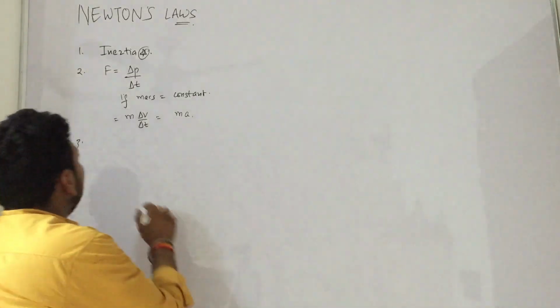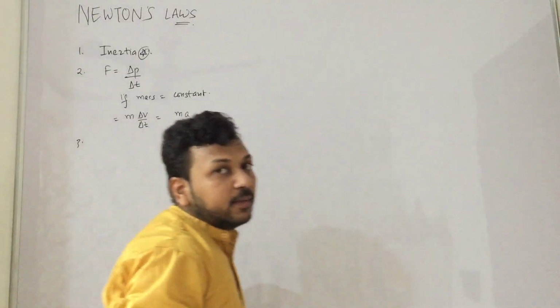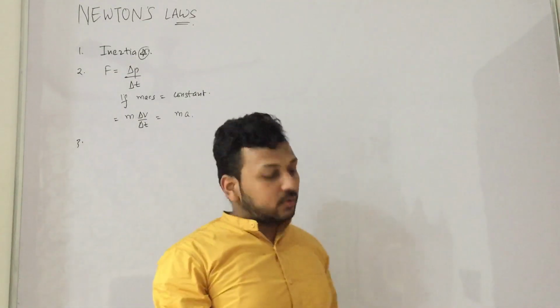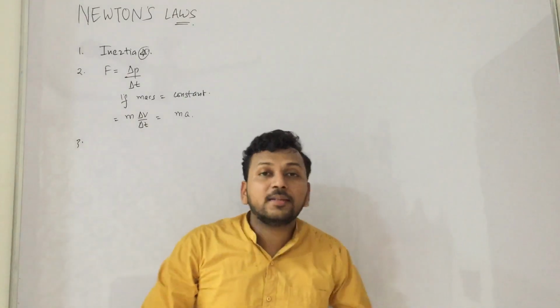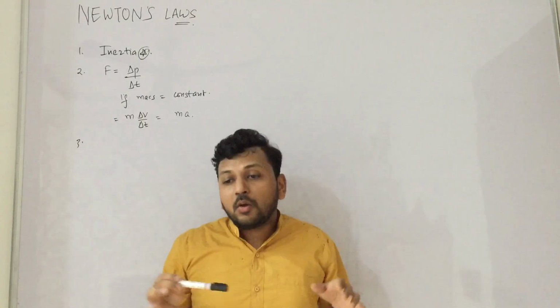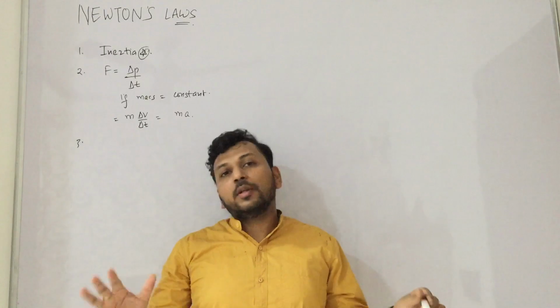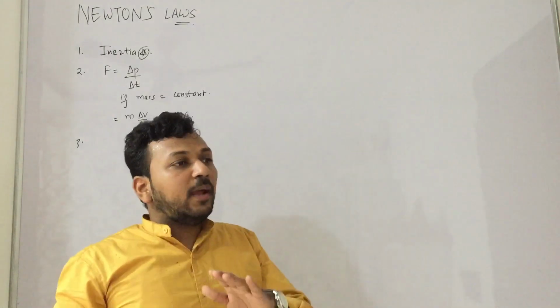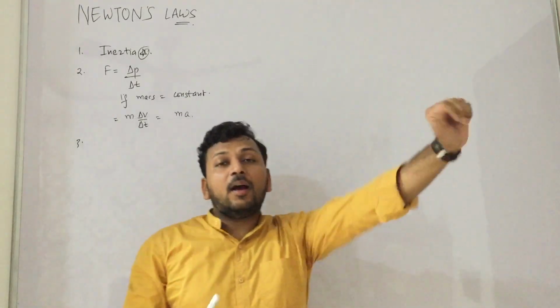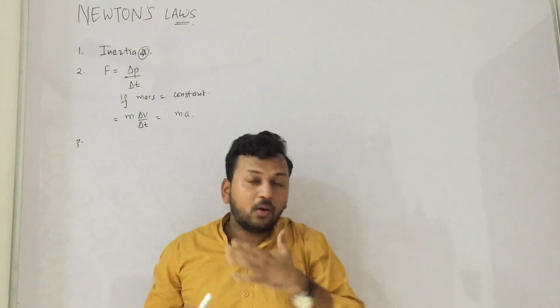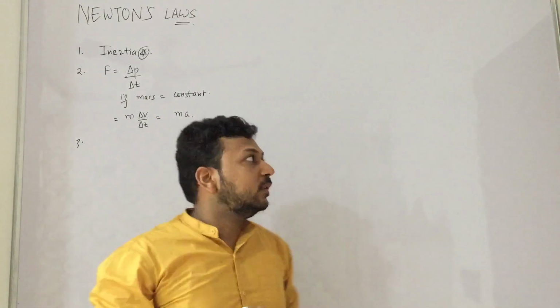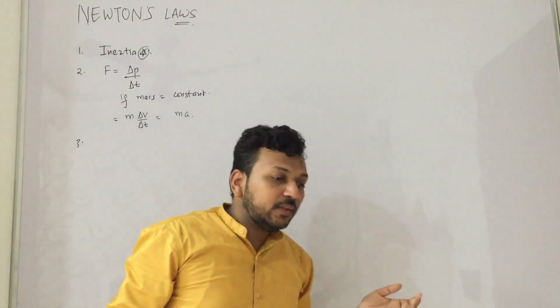Now third is the most popular one. What is it? Every action has an equal and opposite reaction. We are studying classical physics, and the god of classical physics is known to be Newton. We are not studying what happened before 1600, but after 1600, Newton is considered to be the lord of classical physics. What is classical physics?